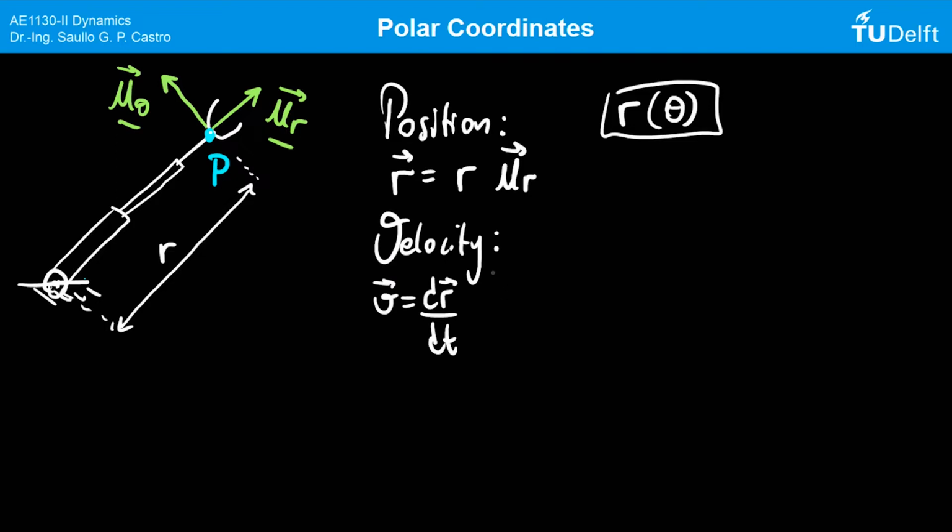Again, using our very general definition of velocity, which is the rate of change of the position vector with time, we can write in vector form how the velocity can be described using the polar coordinates. I'll do that step by step so that you understand the main difference between this coordinate system and the previous one.